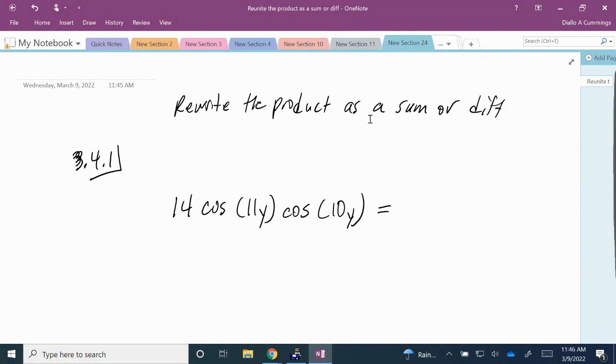So we're asked to rewrite this product as a sum or a difference, right? So we're given a product, and we're looking for the product formula that has some type of cosine times another cosine.